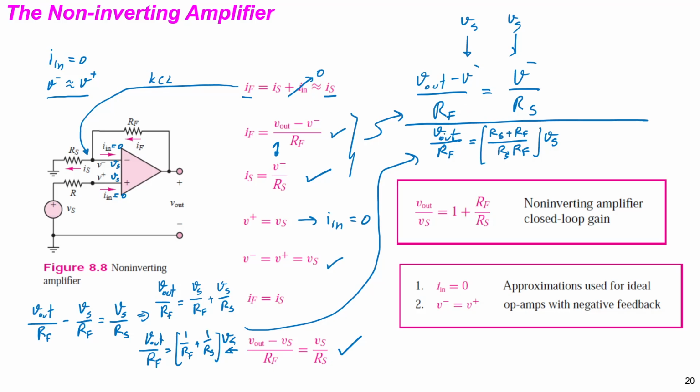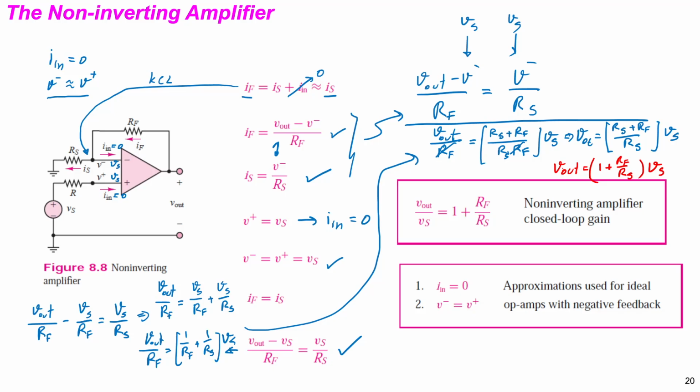Then the relation between V out and Vs: I move RF here, we cancel RF, and we get RS plus RF by RS into Vs. Finally, V out equal to 1 plus RF by RS into Vs, right? This is the relation. V out by Vs is this value.